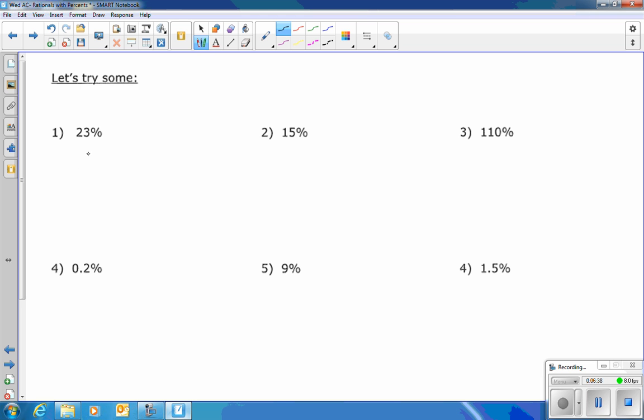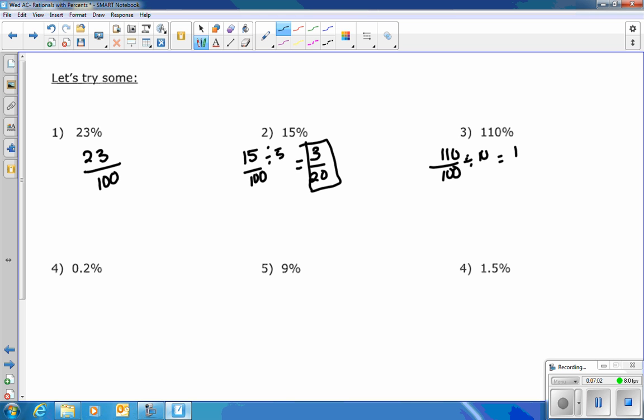So 23% over 100 cannot be simplified. 15 over 100: I can divide both top and bottom by 5. And that's as far as I can simplify it. 110 over 100: I can divide both of these by 10, which gives me 11 over 10.